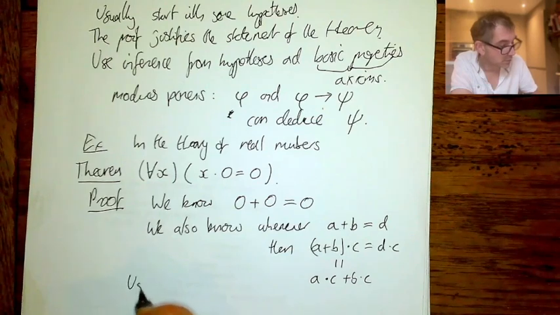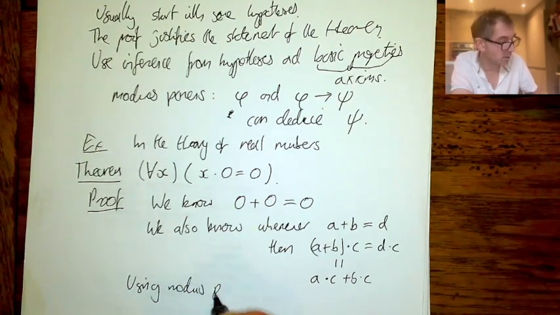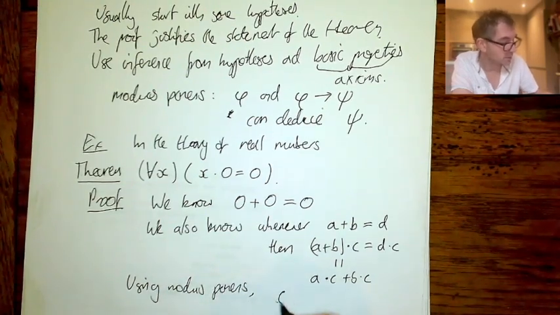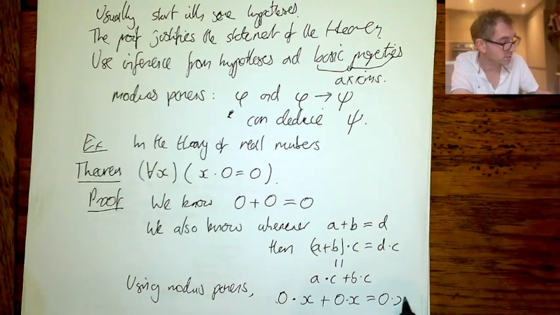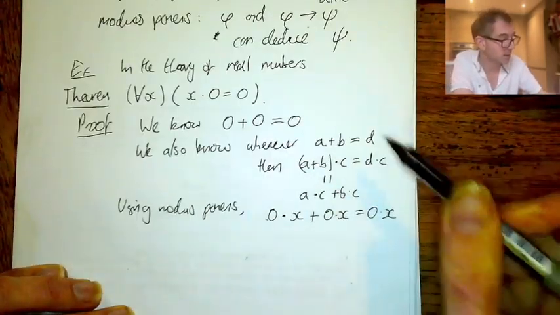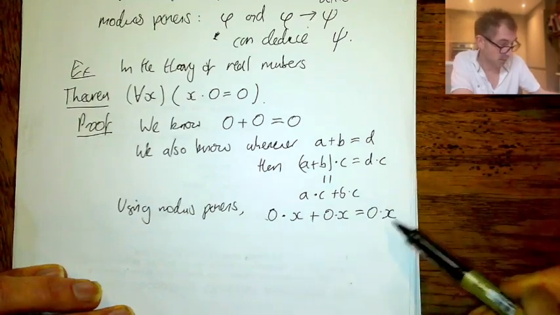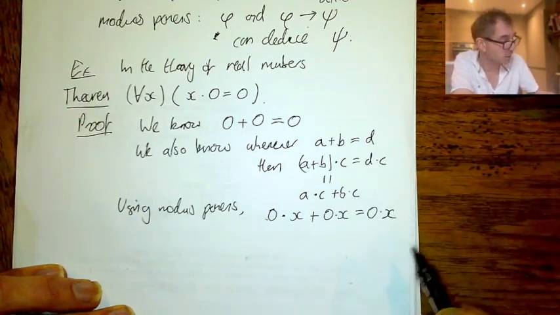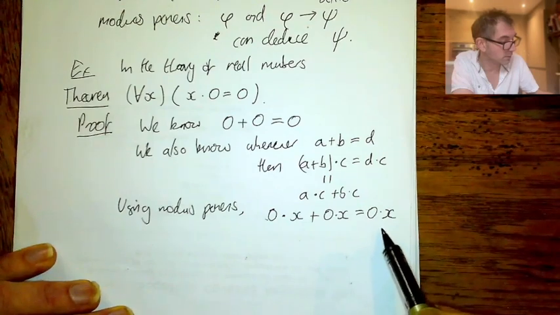So using modus ponens, we get 0 times x plus 0 times x equals 0 times x. Okay, so I now have to believe this statement about all real numbers.